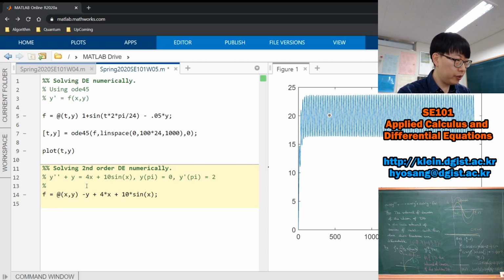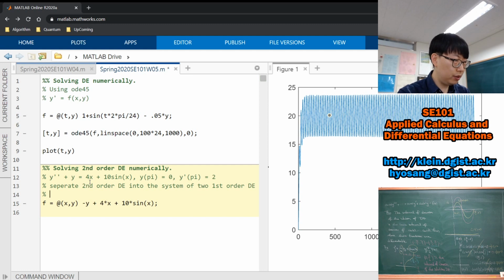So you have a second order differential equation. You need to have initial condition. Now, separate the second order DE into a system of two first order DEs. That's the first step, which means that I take y1 equals y and y2 equals y prime.